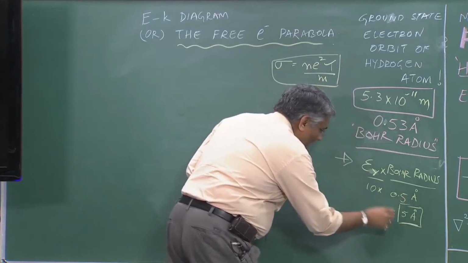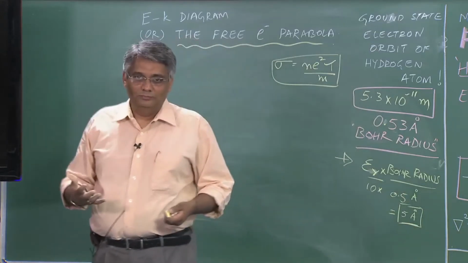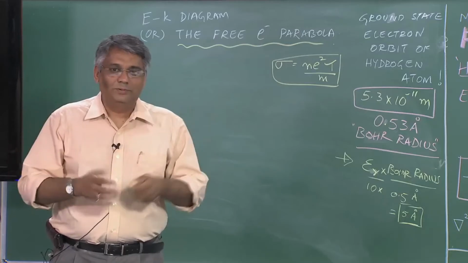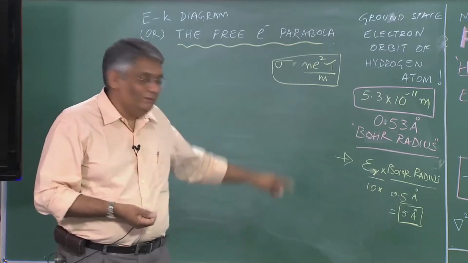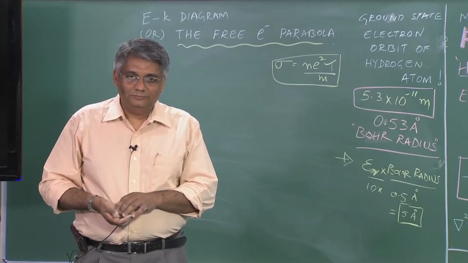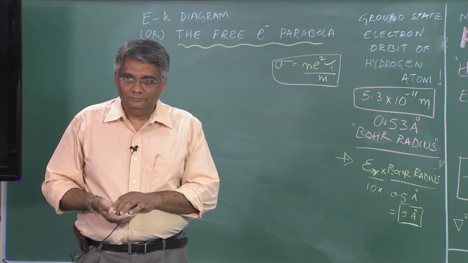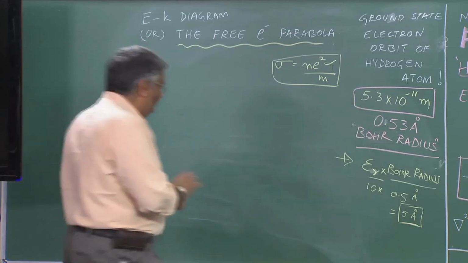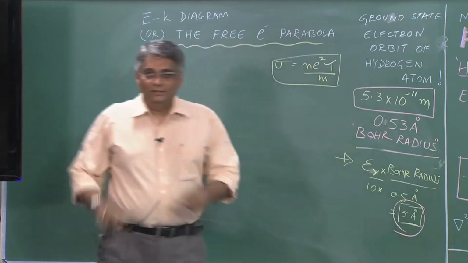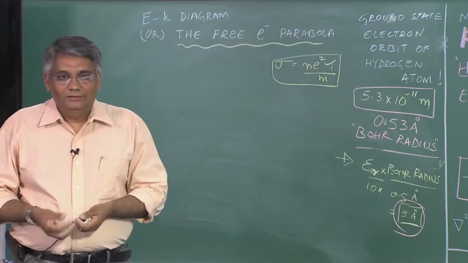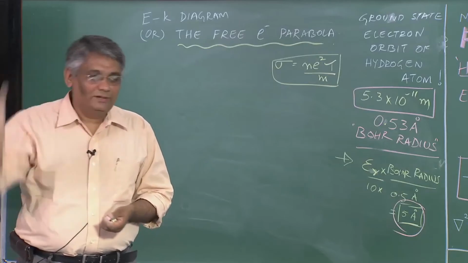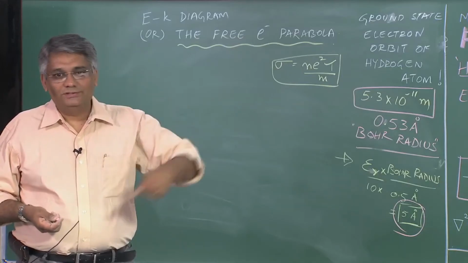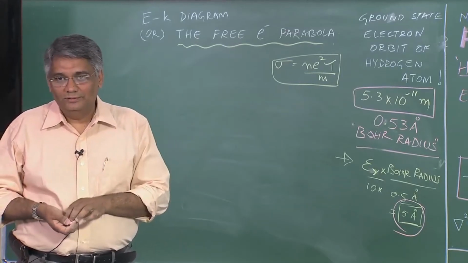Now, if you extend this radius to a 3-dimensional sphere, what will be the value? What will be the radius of the sphere in which this electron is free to propagate?